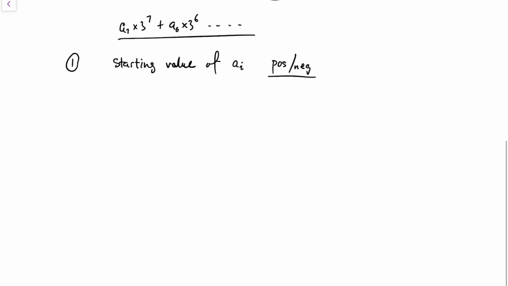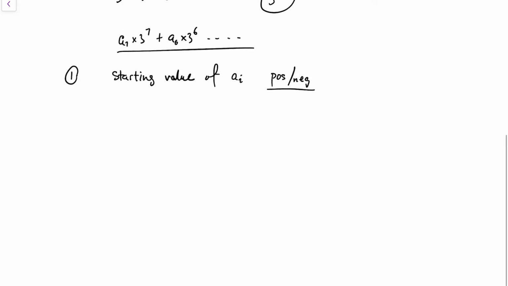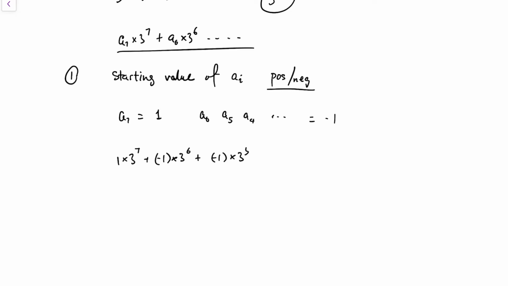Let's say a7 equals 1, positive 1, and then a6, a5, a4, all of them equal -1. So this whole thing would be 1 times 3 to the power of 7 plus -1 times 3 to the power of 6 plus -1 times 3 to the power of 5, and all of these.